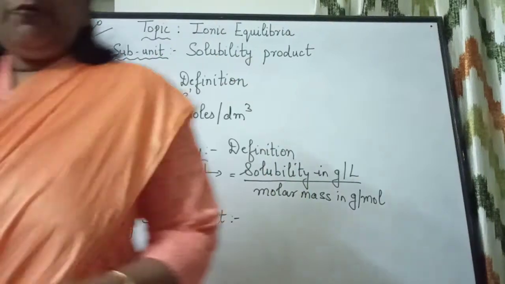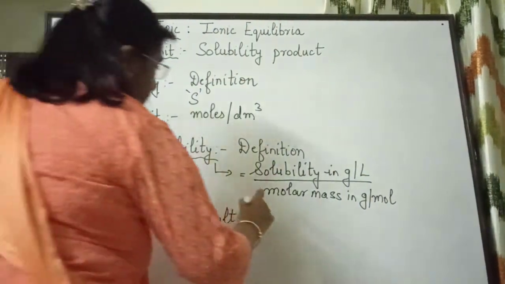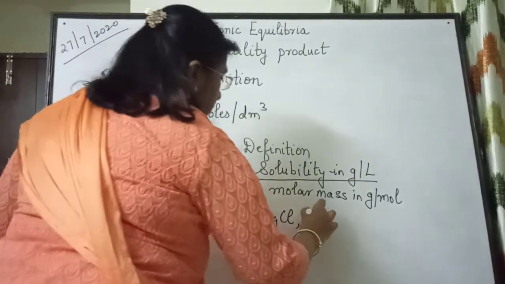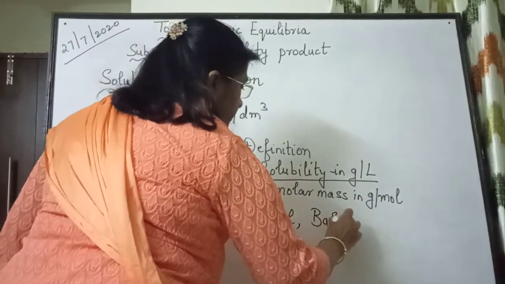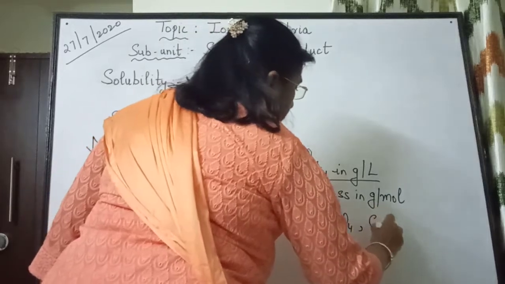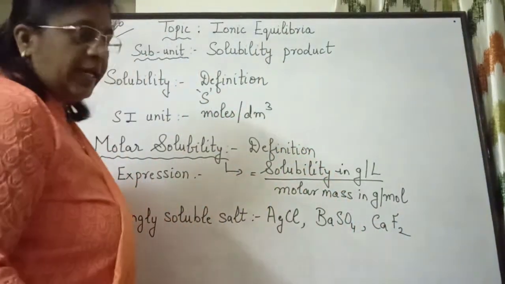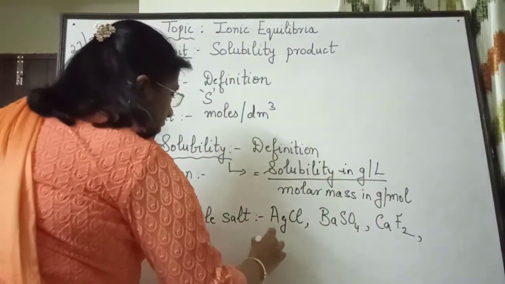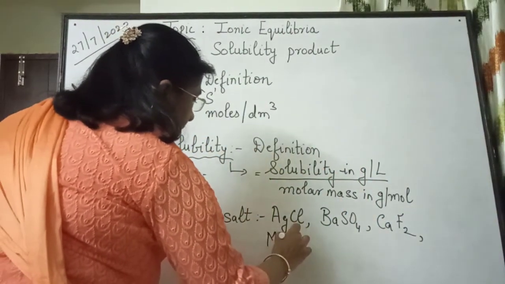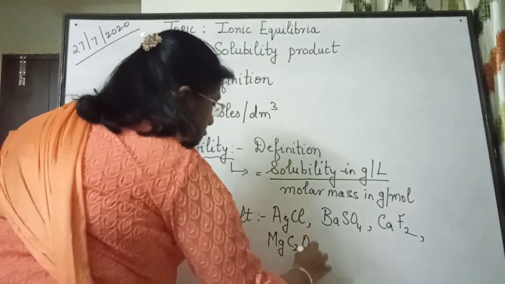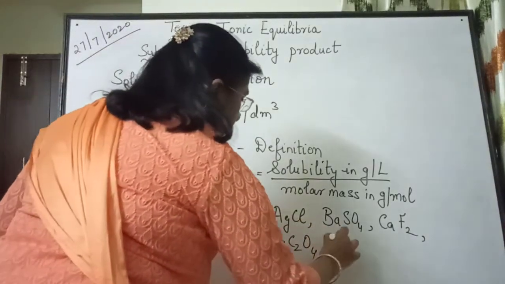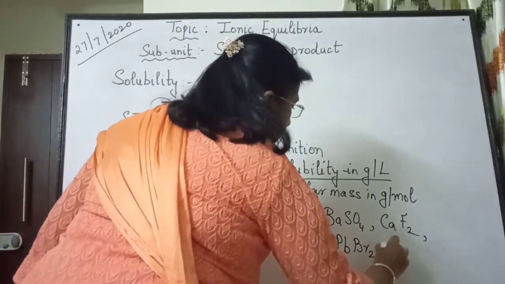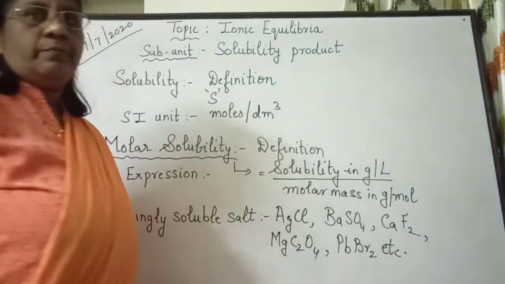In this we can take a few examples like AgCl, barium sulfate, calcium fluoride, magnesium chromate, lead bromide, etc.